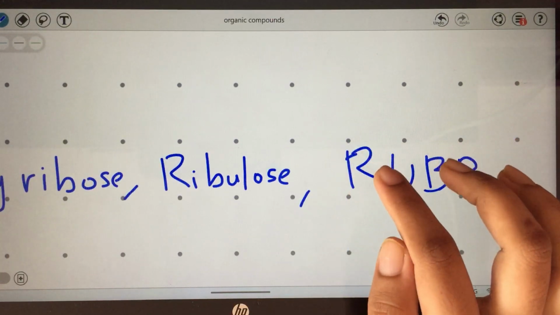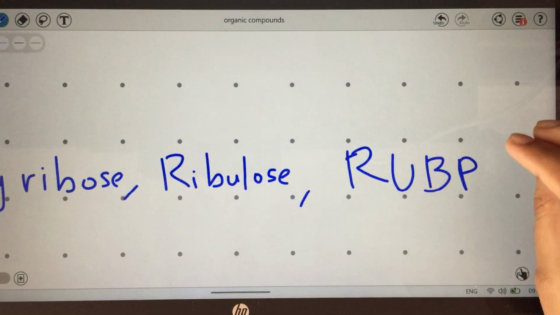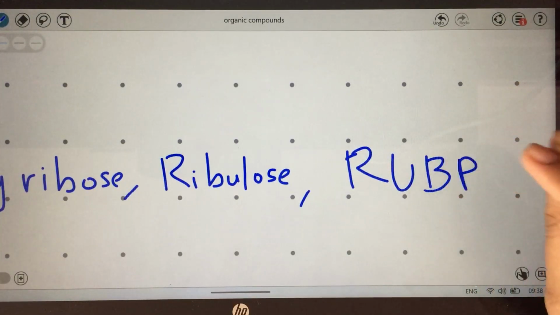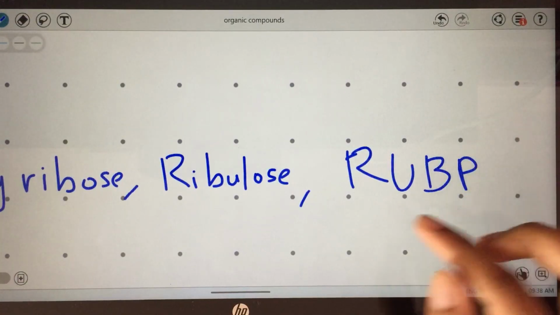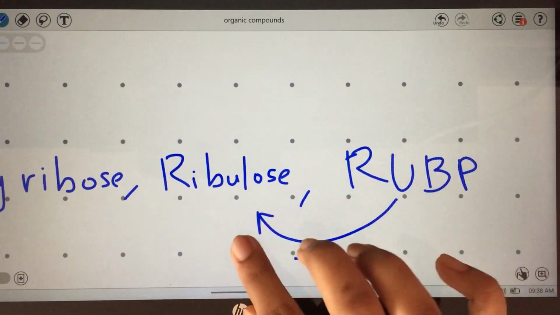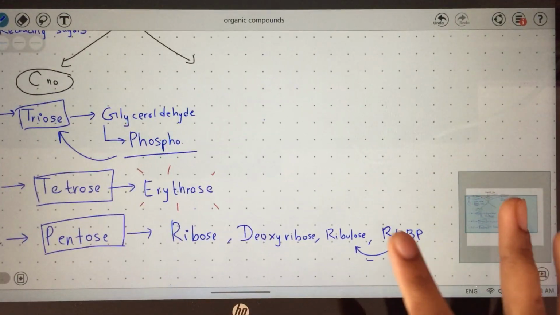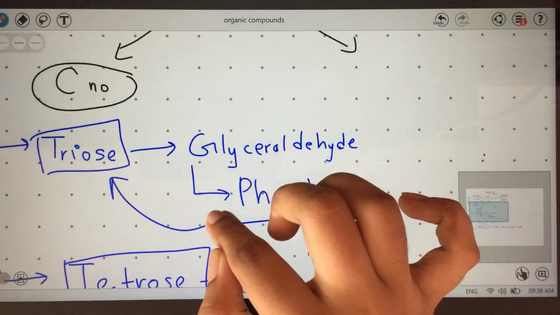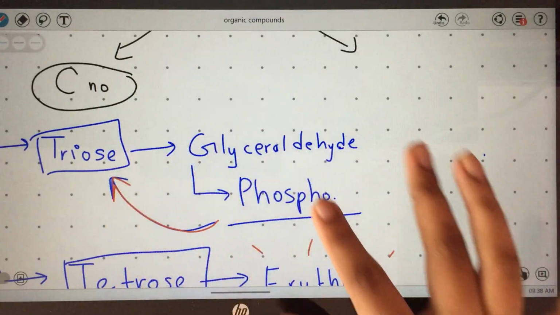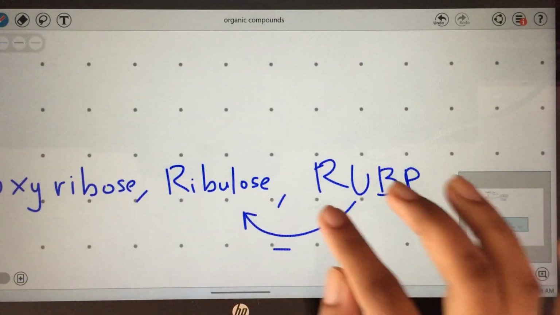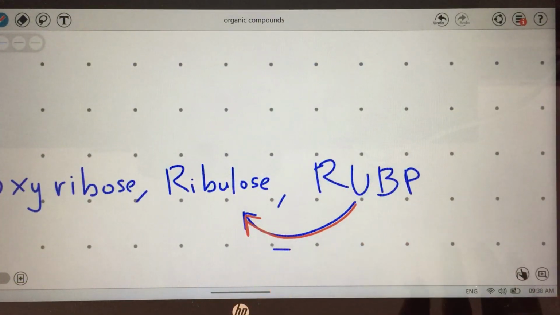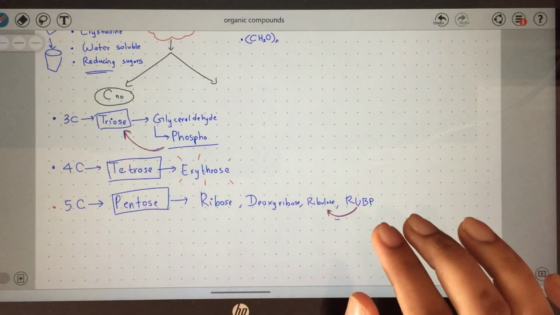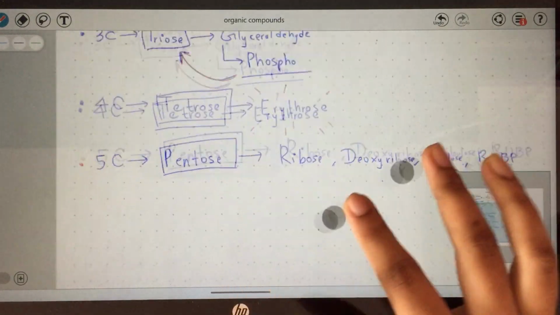Now that term you will come across when you do photosynthesis, not now. So RUBP is a derivative of ribulose. Now this arrow means what? Derivative, okay? Now the same derivative story came here and here, okay? Phosphoglyceraldehyde is a derivative of triose. Similarly, RUBP is a derivative of ribulose, okay? So that's what you have to remember about the derivatives.